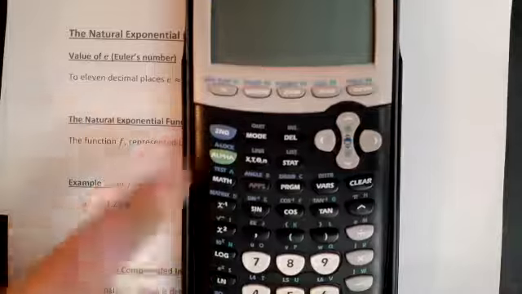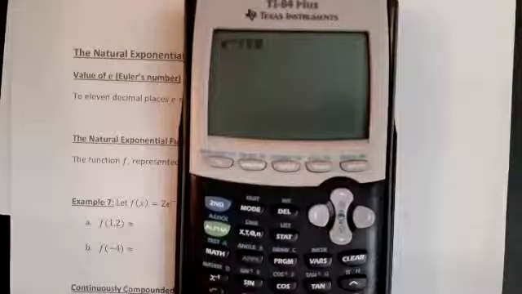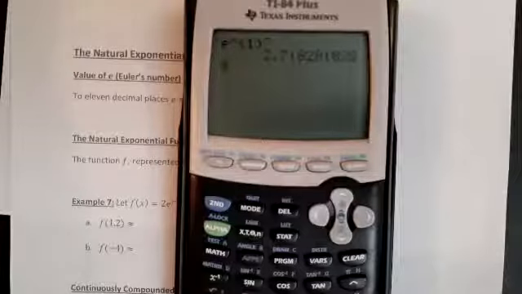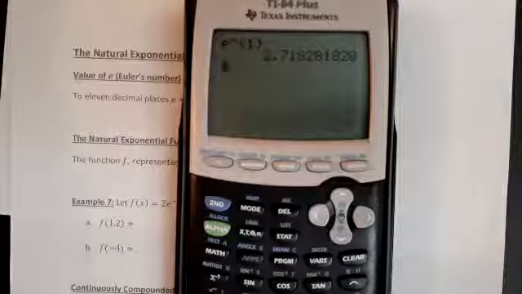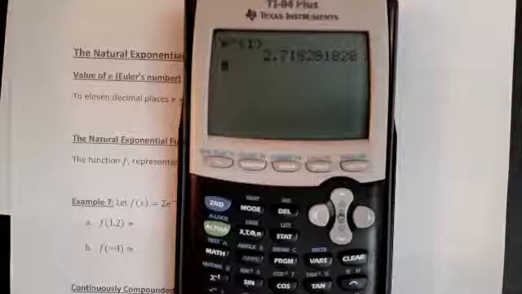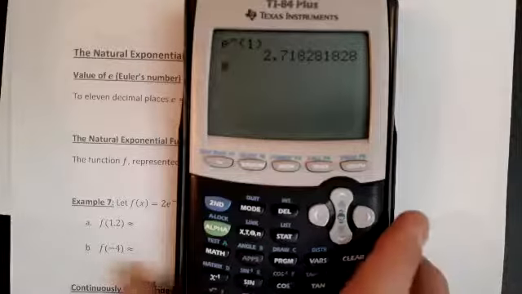If we hit second e, it brings up e. I could do e to the first power. That's going to give me the number for e, 2.718. Euler came up with this crazy number. It comes up in nature all the time, so we can treat it like a unit, just like pi is its own thing. We can talk about e as being its own thing.